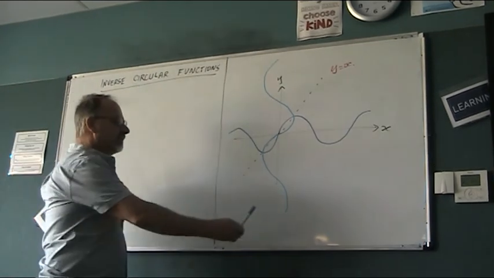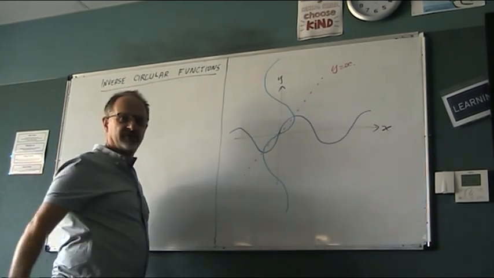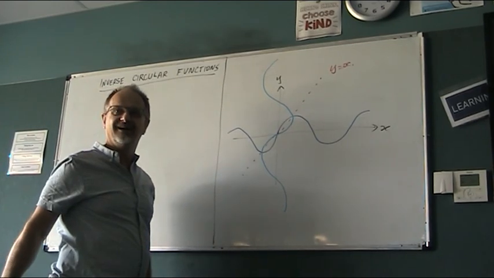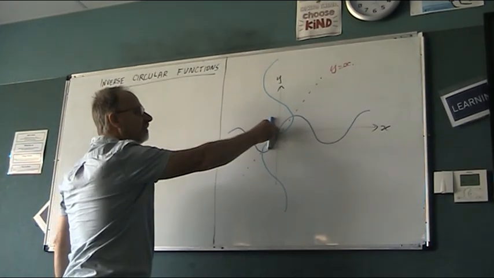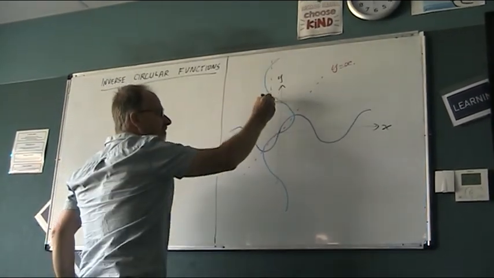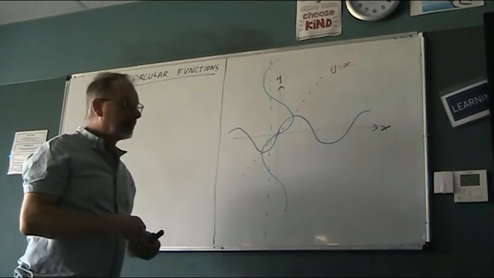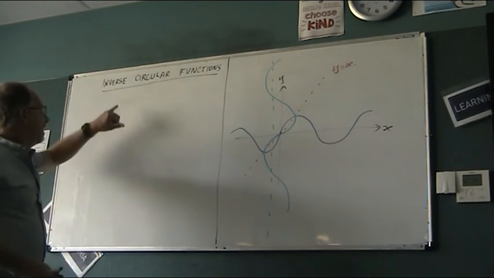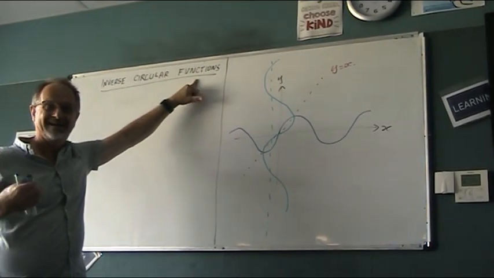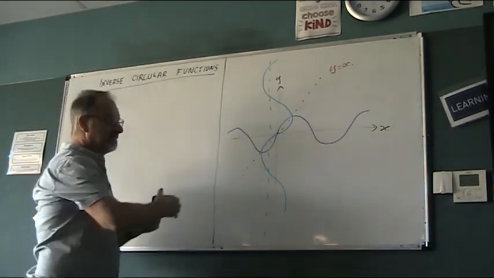Now this light blue one, what can you tell me about that in terms of it being a function? Or not? It's not, is it? Because a vertical line will cut many times. So it's not a function. So to get an inverse circular function, we then need to restrict the domain of our original.